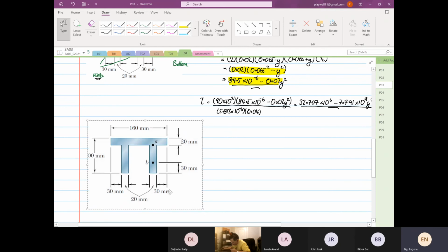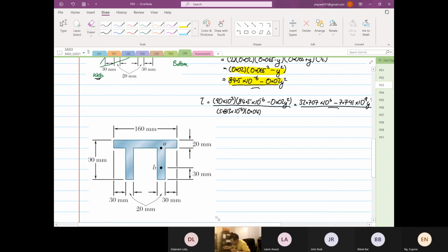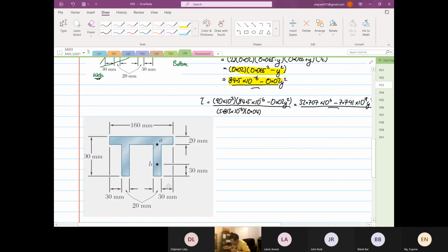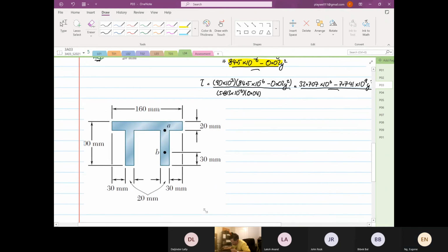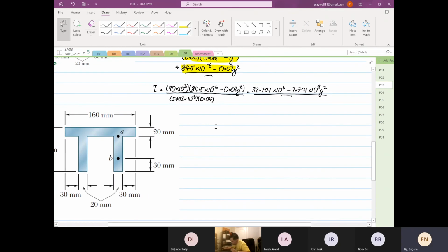I'd like to make this bigger a bit. So this is the position of our centroid. I'm just eyeballing this.